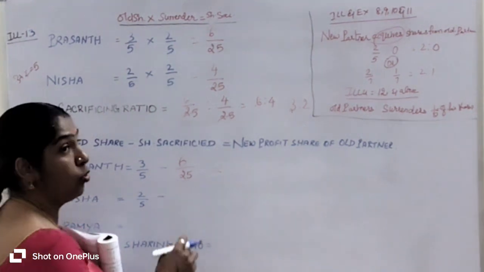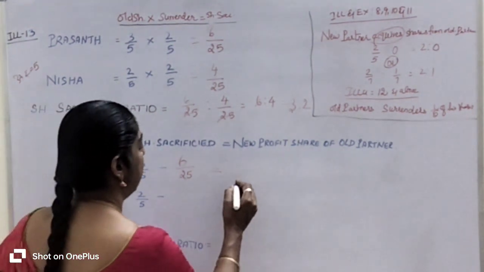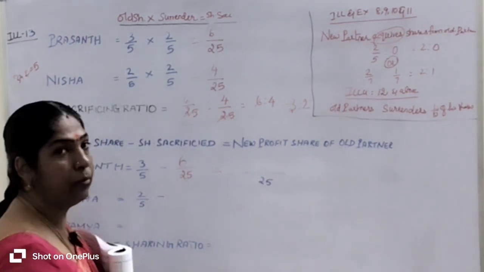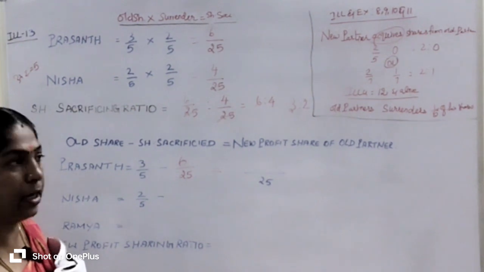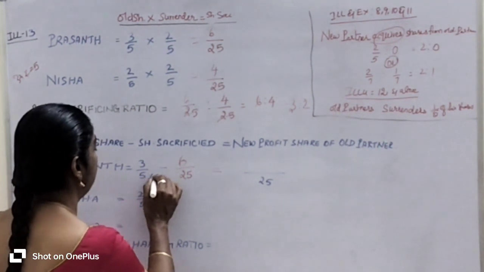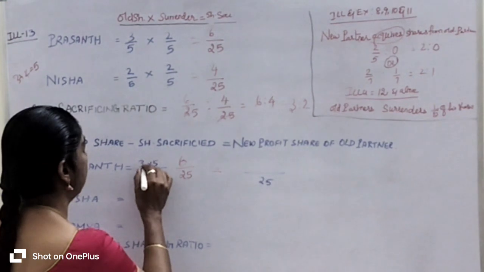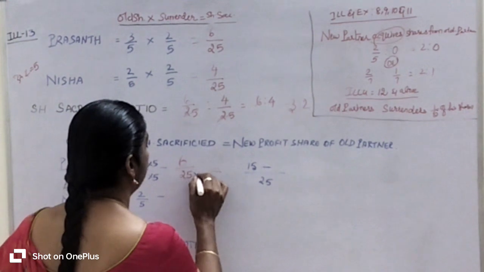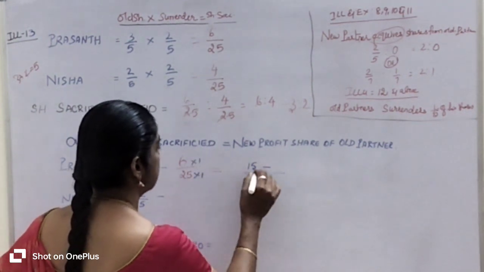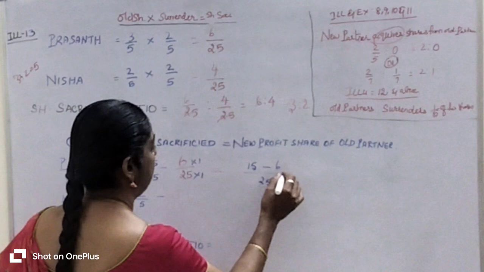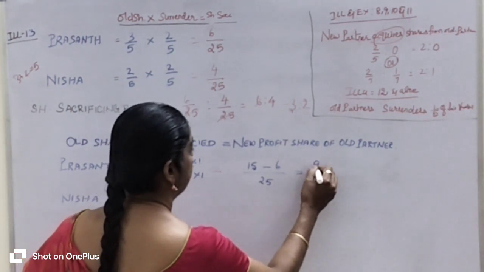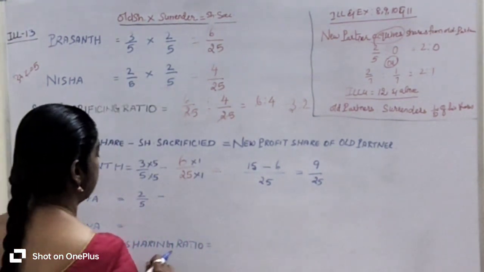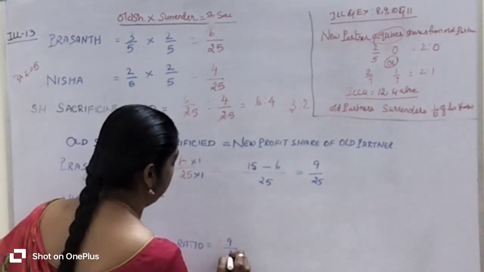So we are going to take 25 as the common number. We enter 25 in the denominator. How many times does 5 multiply to get 25? 5 5s are 25. Same number you enter in the numerator: 3 5s are 15, minus 1 6 is 6. 15 minus 6 you will get 9. So 9 by 25. New profit sharing ratio of Prashant is 9 by 25, right?